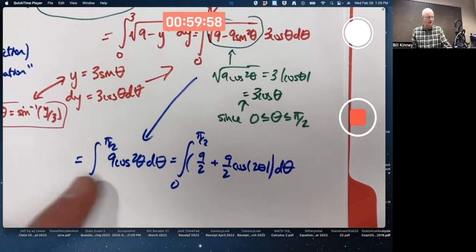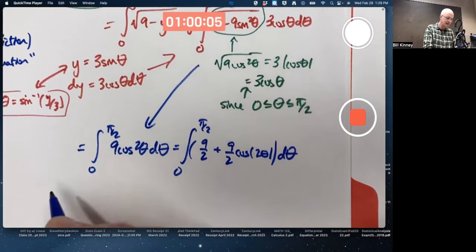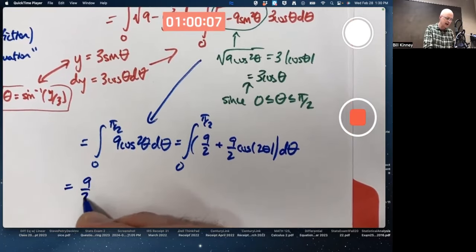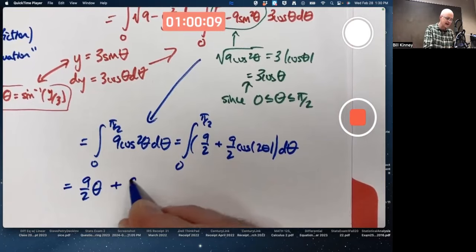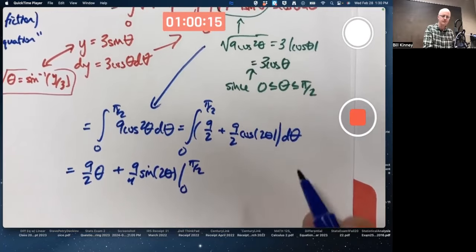The 9 is coming from that 9, instead of having 1 half plus 1 half cos 2 theta. Almost done, getting close. Do the integral: 9 halves theta plus 9 fourths sine 2 theta. Theta goes from 0 to pi over 2.